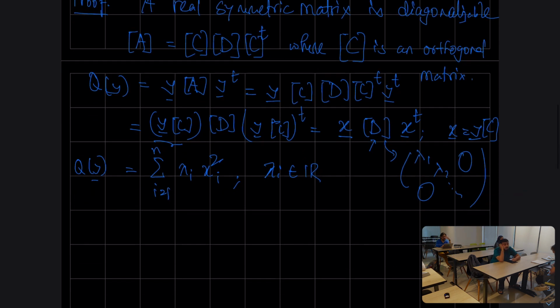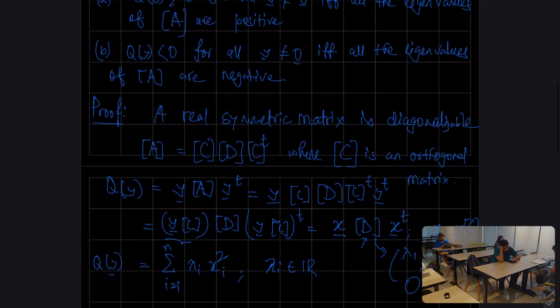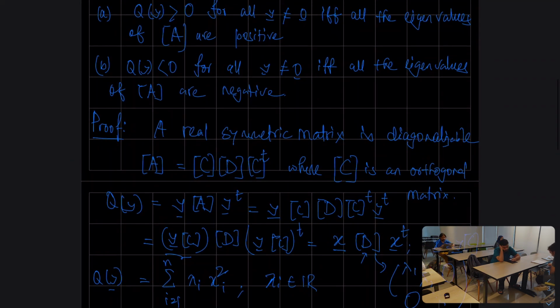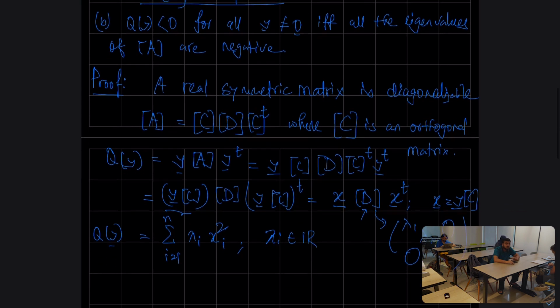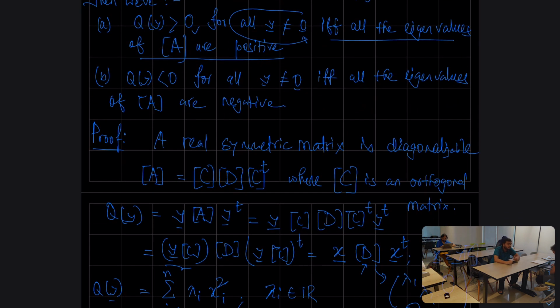So we are here. Now, look at our goal. Our goal was to prove that this is greater than 0 for all vectors which are not equal to the 0 vector, if and only if all the eigenvalues are positive. We are about reaching there, but we have to make sure that this condition is satisfied.